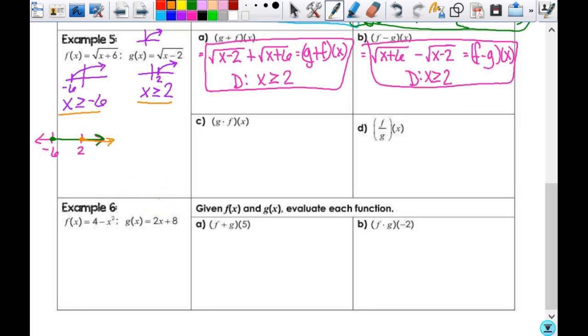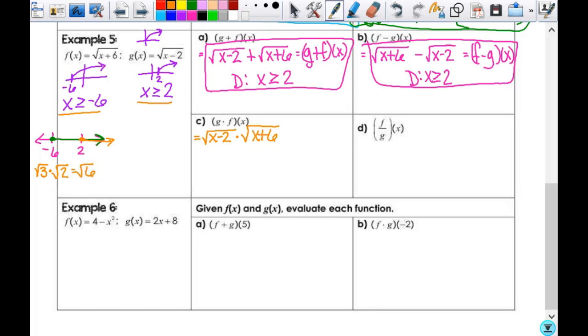All right, so g times f of x. g of x is the square root of x minus 2 times f of x, which is the square root of x plus 6. Can I combine those? Let me ask you this. What is the square root of 3 times the square root of 2? That's the square root of 6, right?